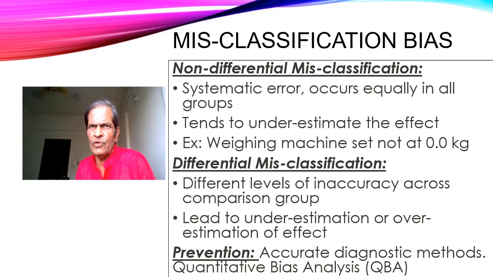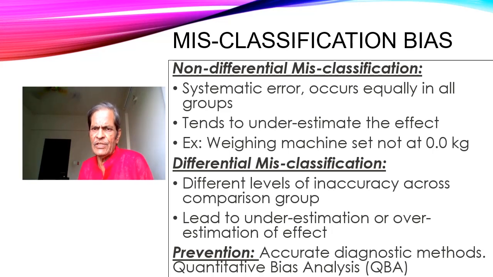Error is occurring, but it is occurring throughout the population, in all groups and the subgroups of the population. So that is called a non-differential misclassification. It tends to underestimate the effect.